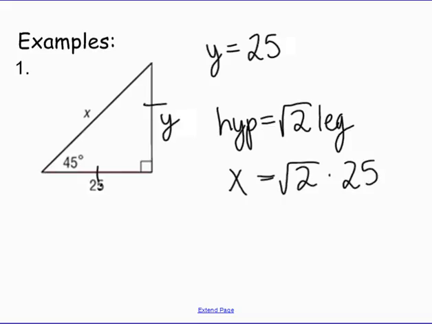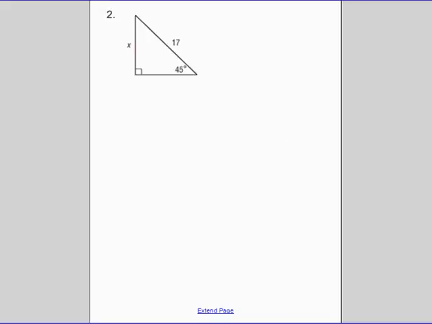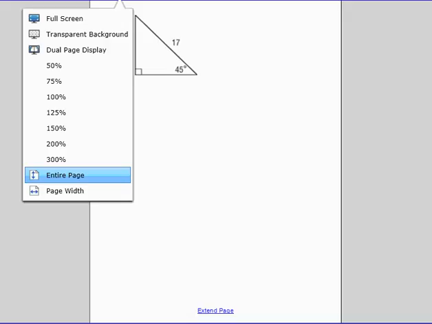I plugged in x for the hypotenuse, radical 2 is part of the formula, and your leg. And the radical 2 again comes from the fact that a mathematician figured out that pattern. They figured out there's a relationship between all the sides on this special right triangle. That's why it's called special. So let's try another one. On this one, I'm starting with the hypotenuse.